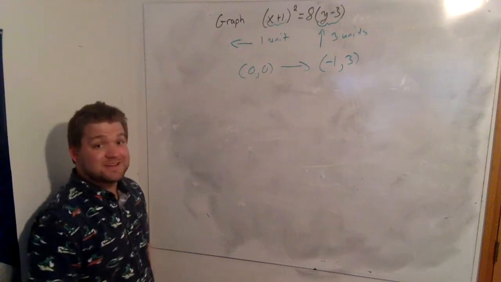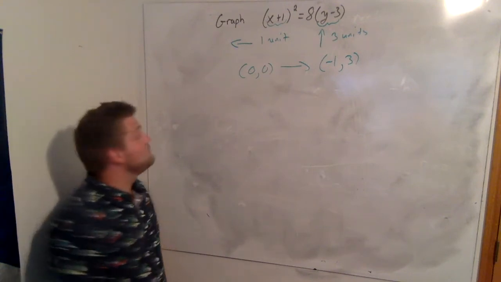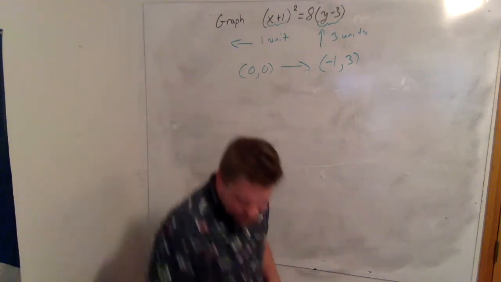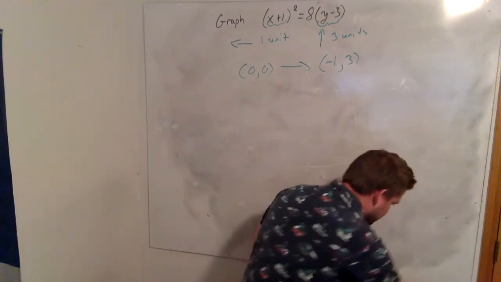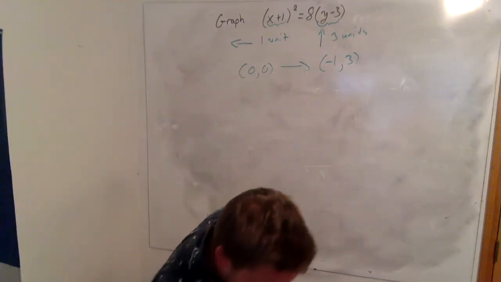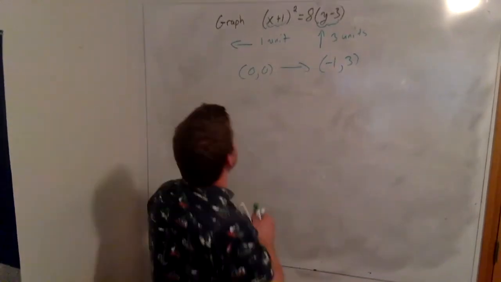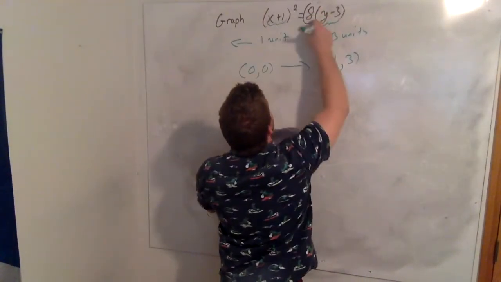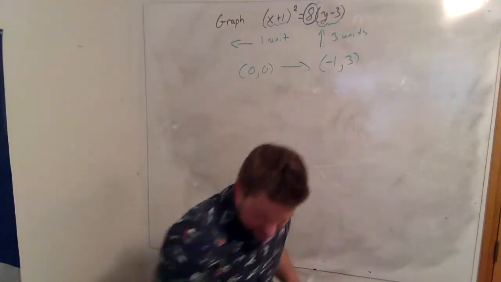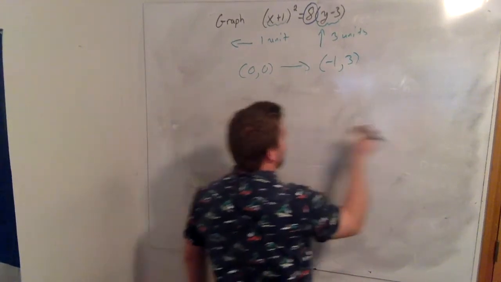Now, the other thing we need to think about is, what is the p-value? We can still get our p-value from this number multiplied out front. Maybe I should write down the general equation of a shifted parabola.